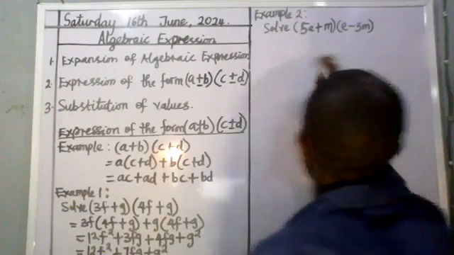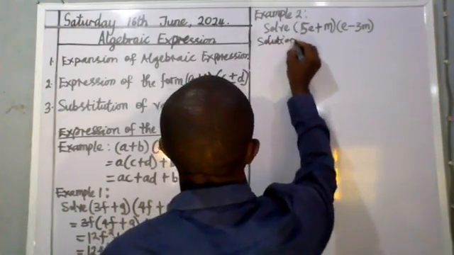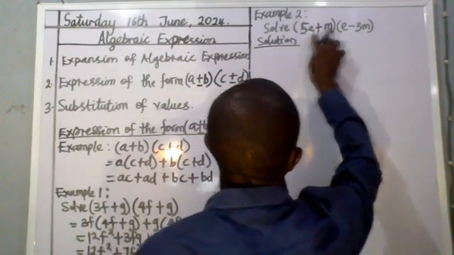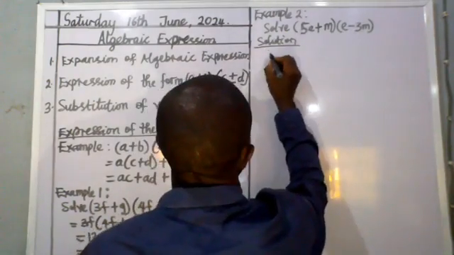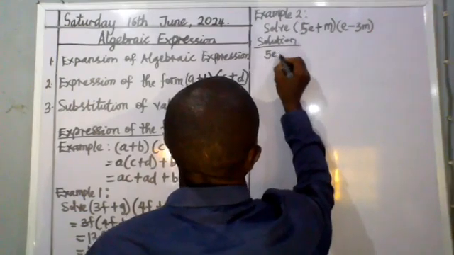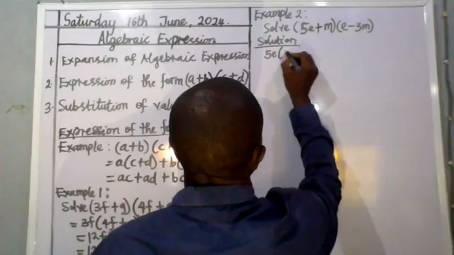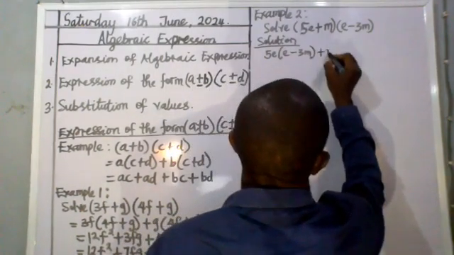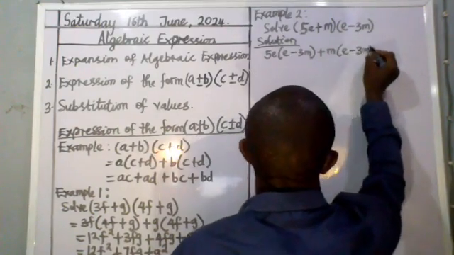Now in solving this, you're going to multiply 5e by this and m by this as well. Solution: 5e multiplied by e minus 3m plus m multiplied by e minus 3m.